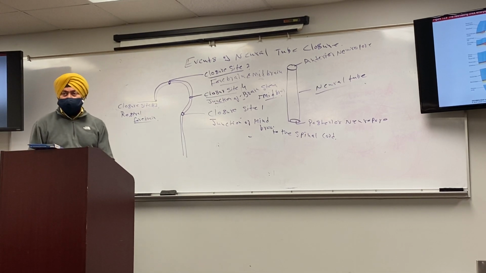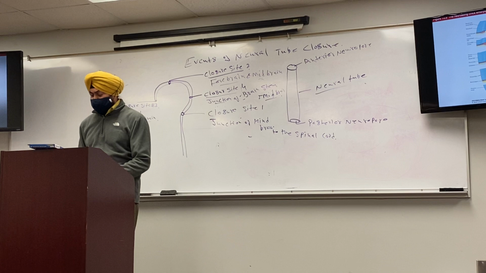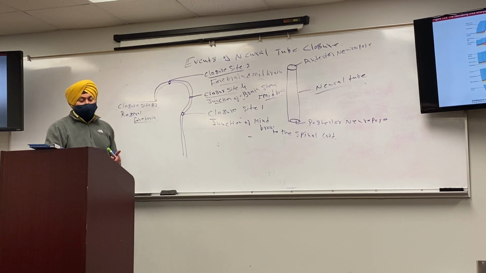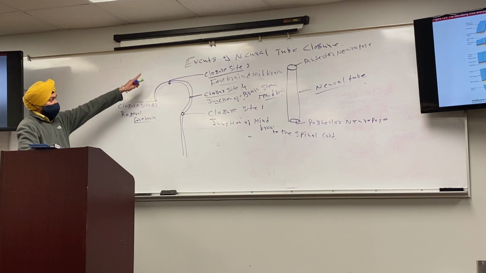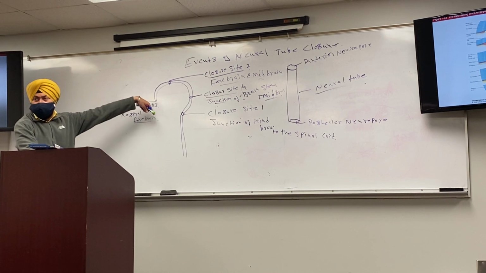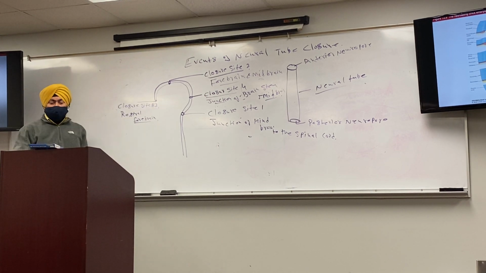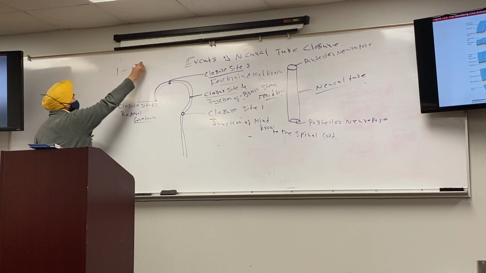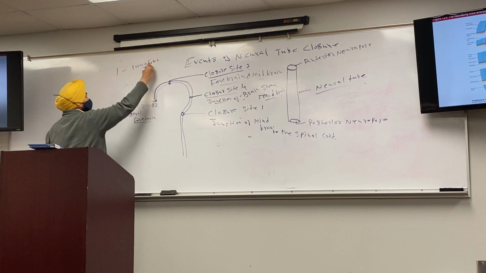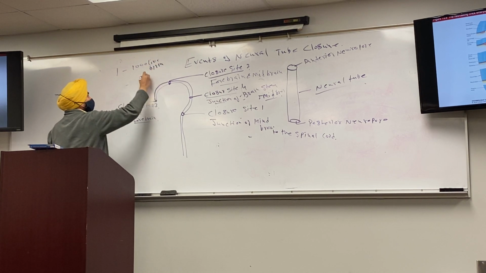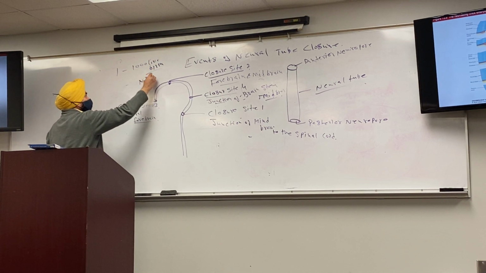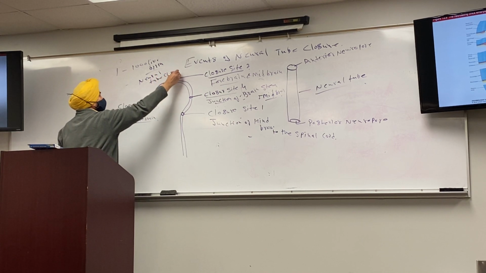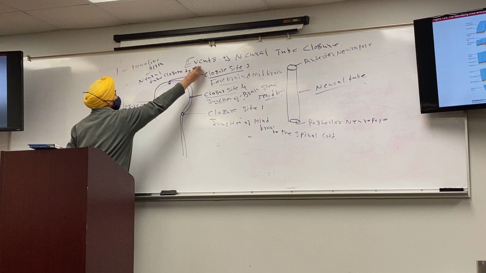Now, these are very easy things to say, this is what is happening. Now, neural tube closure is critical. 1 in 1,000 live births can have neural tube closure defects.